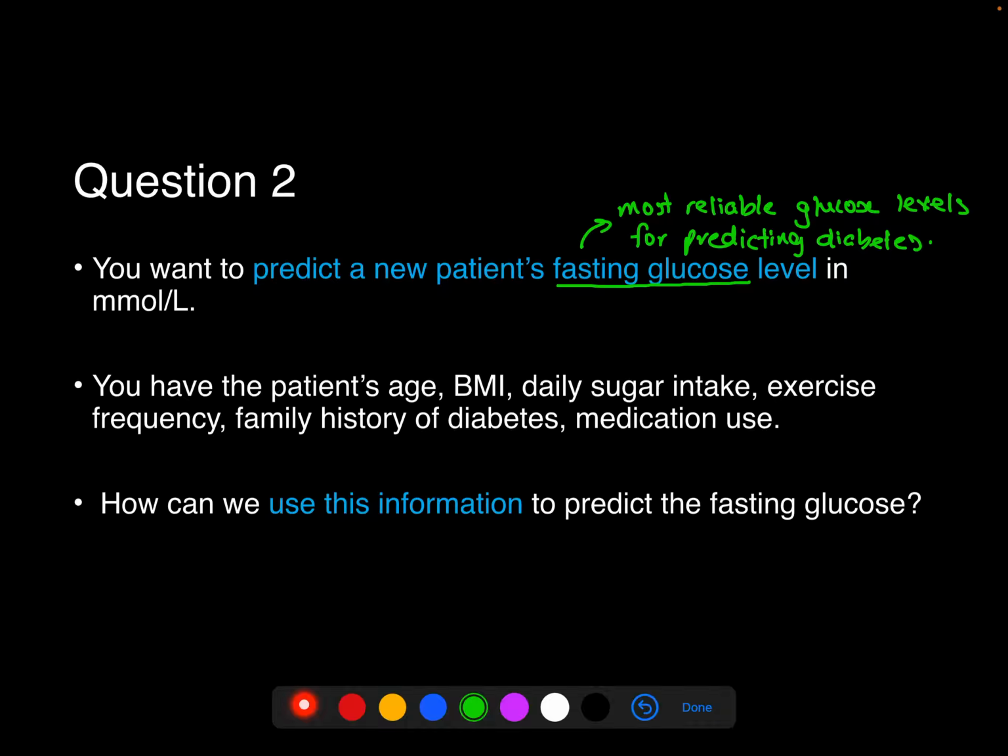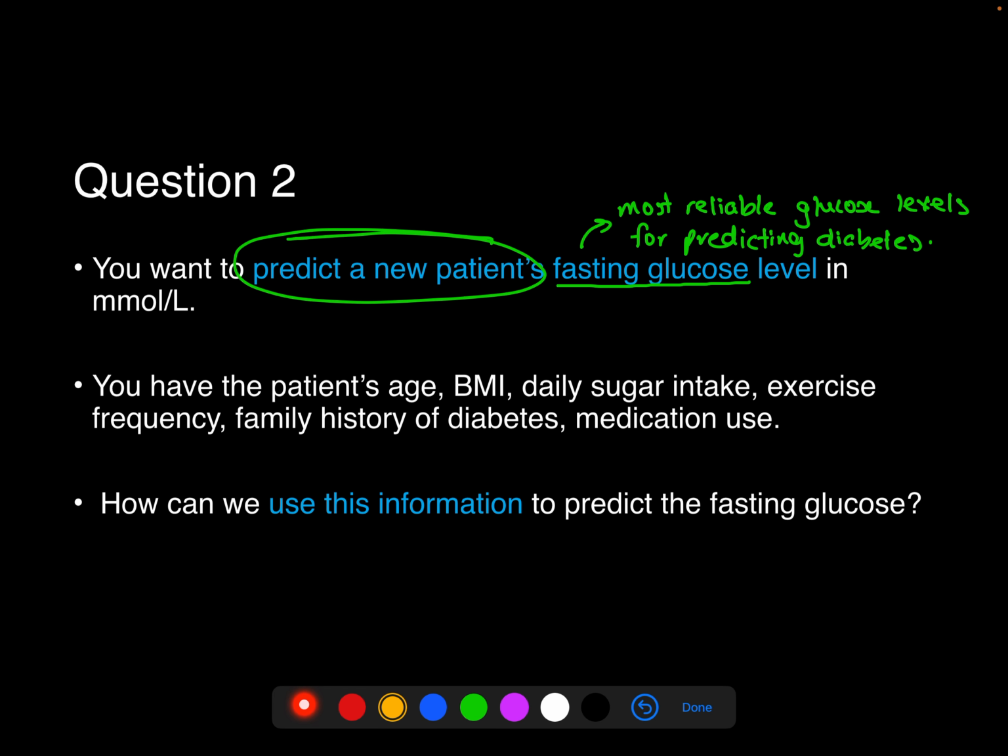So assume that it is a patient's appointment, they've come, and they've told you that they have broken their fast, but it's still important for you to predict what their fasting glucose level is, because it would indicate whether they have diabetes or not. Let's say we're in that situation and now we want to predict a new patient's fasting glucose level.